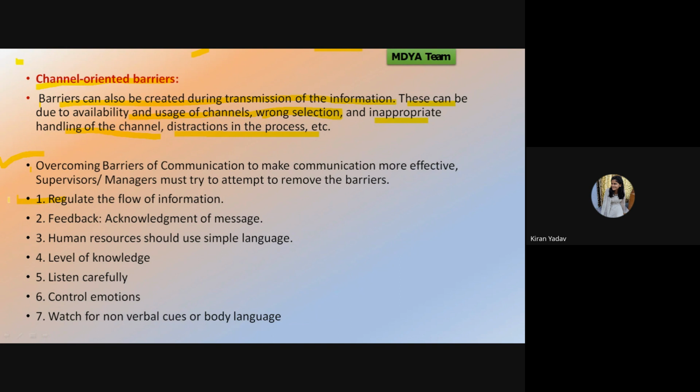Then after that we study how to overcome communication barriers. So for effective communication, regulate the flow of information.